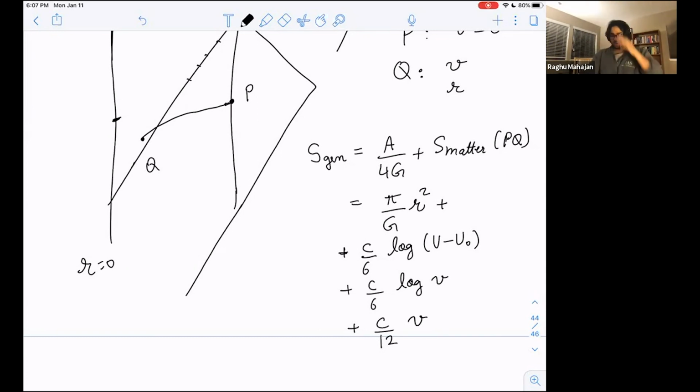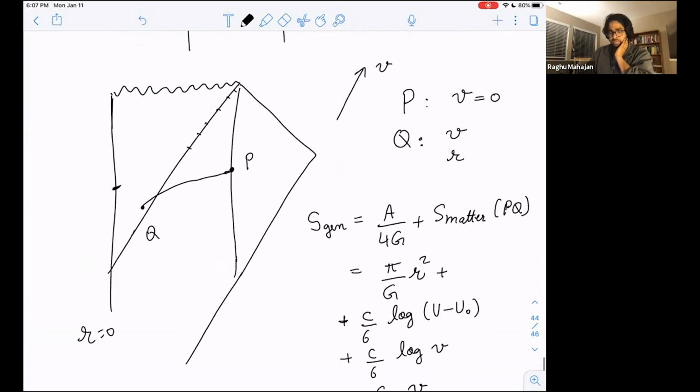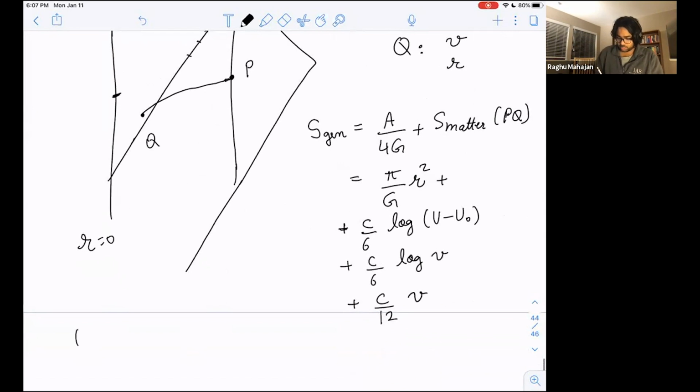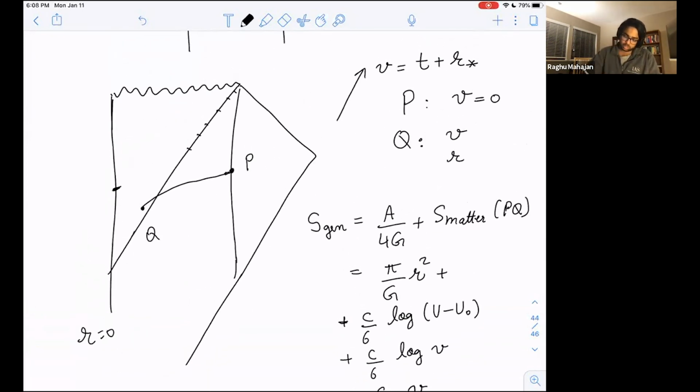Okay, so little v I have defined as the usual Finkelstein coordinate. It's not the Kruskal one, it's just the usual t plus r star, where r star is the tortoise coordinate. Capital U, on the other hand, is the Kruskal U, and that's the U that goes smoothly through the horizon, where the horizon lies at U equals 0.